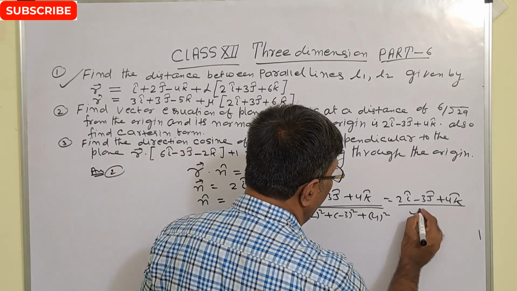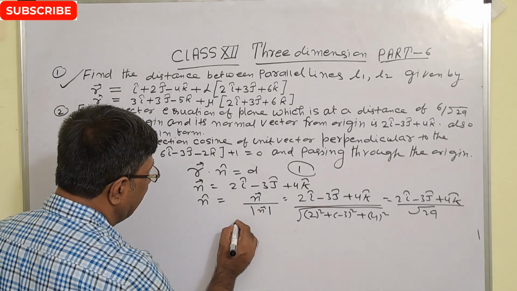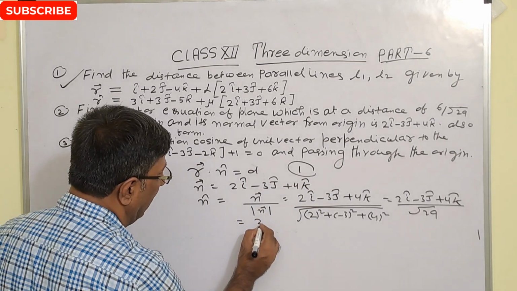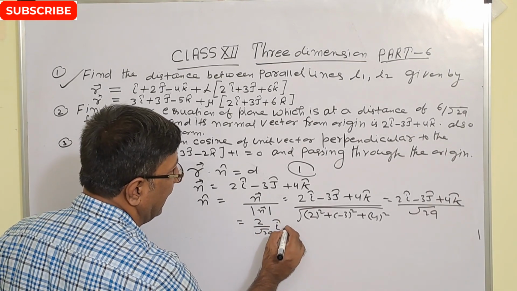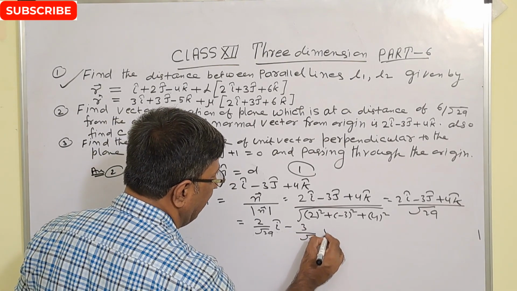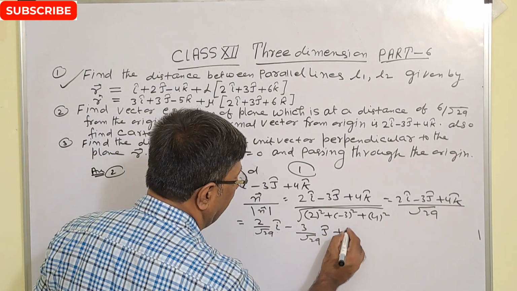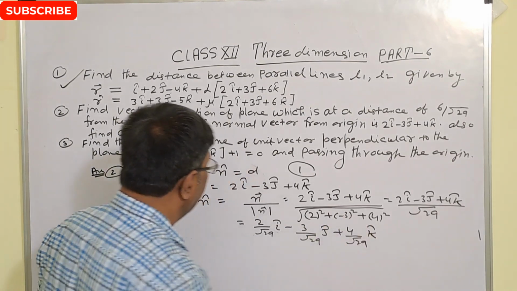So this is root under 29. So we can write this as 2 upon root under 29 unit vector i minus 3 upon root under 29 unit vector j plus 4 upon root under 29 unit vector k.